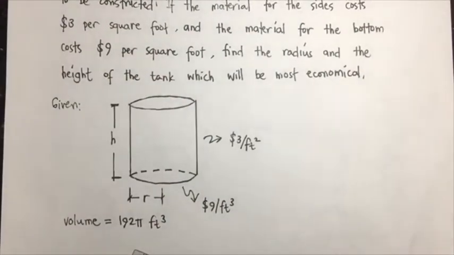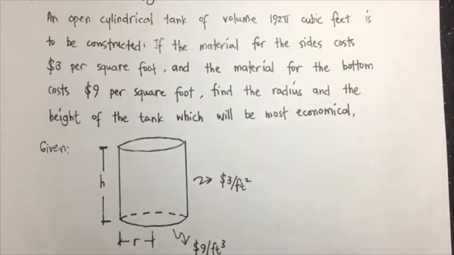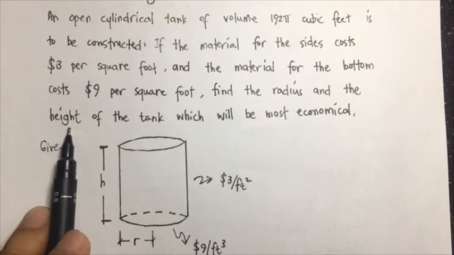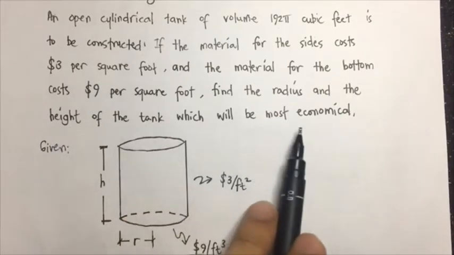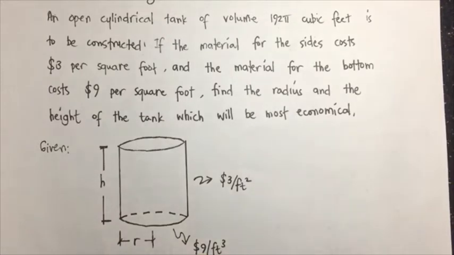square foot. Okay, so we are required to solve for the radius and the height of the tank which will be most economical. So when we say most economical, it will give us the least cost of constructing the tank.